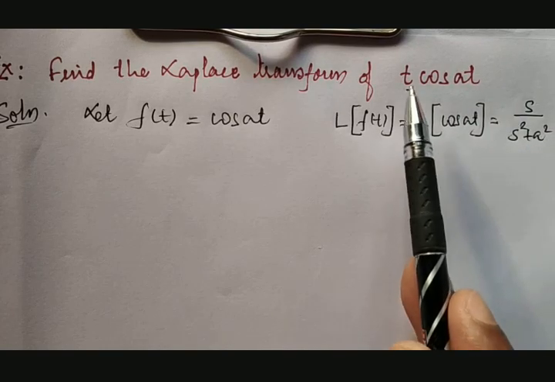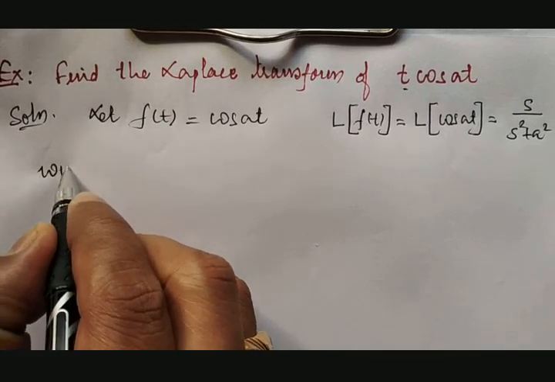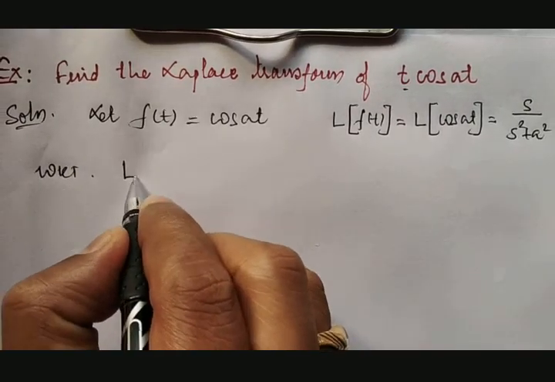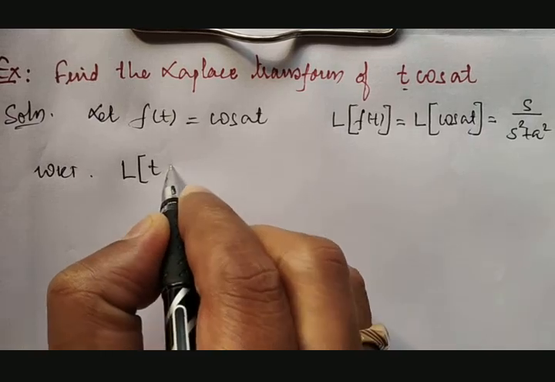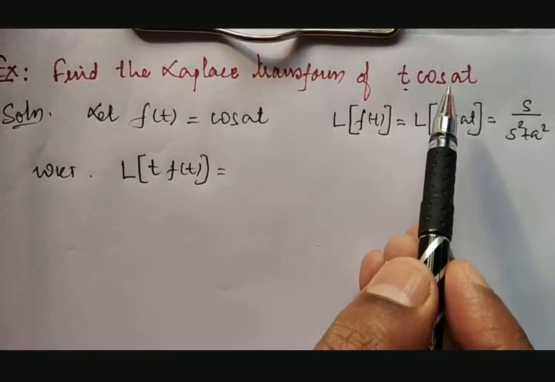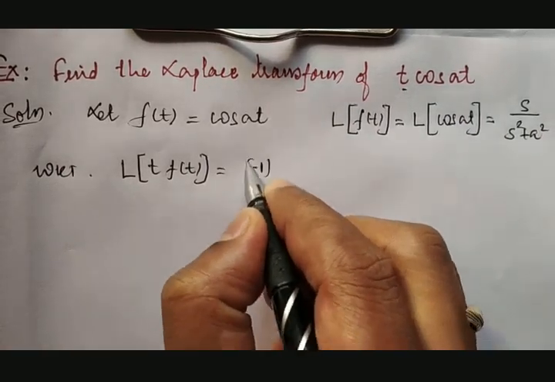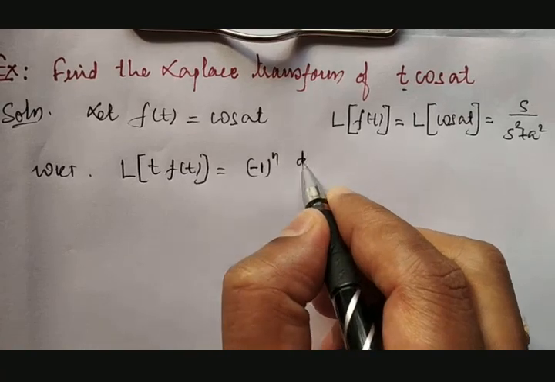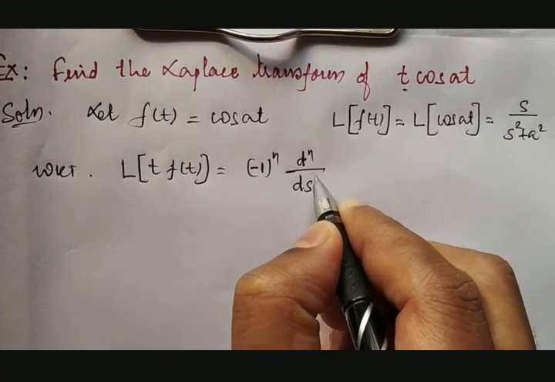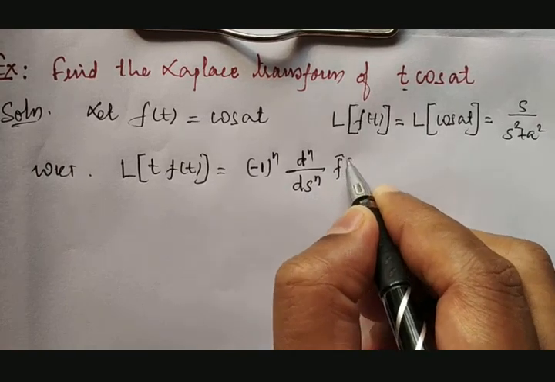Okay. So when it is a product with t, we know the Laplace transform of t into f of t, if it comes. Already we know the Laplace transformation of that f of t. So this is equal to minus 1 raised to n into d raised to n divided by ds raised to n into f bar of s.